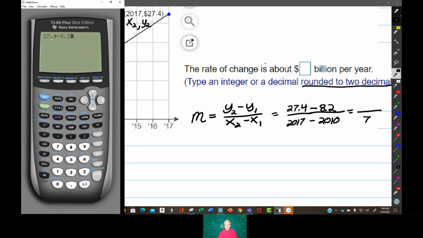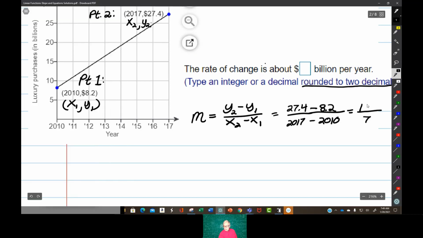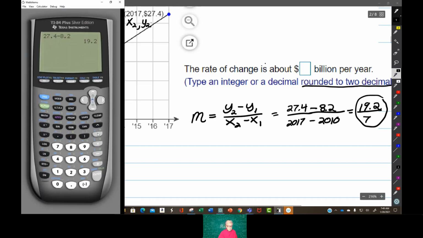So I have 27.4 minus 8.2. Enter. That's 19.2. Take the raw form of the slope and then do your subtraction. You're less likely to make a mistake.